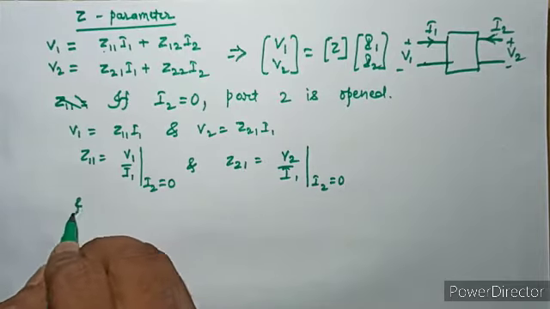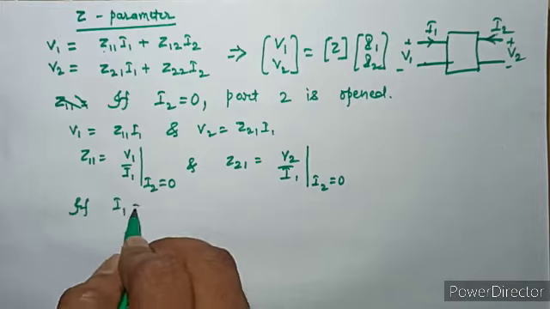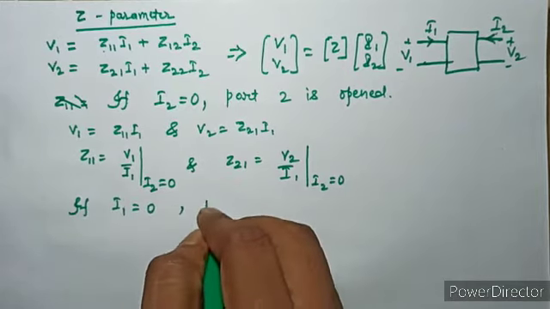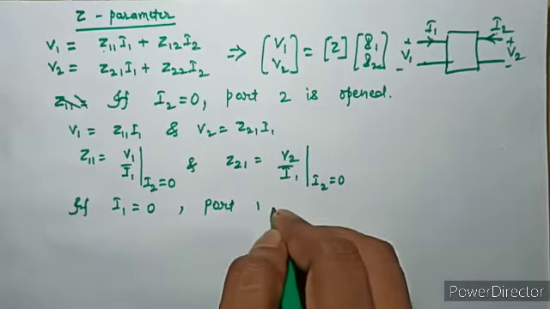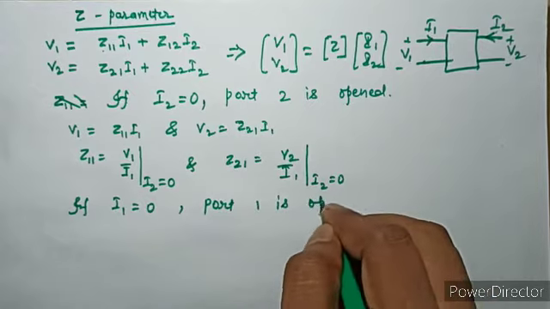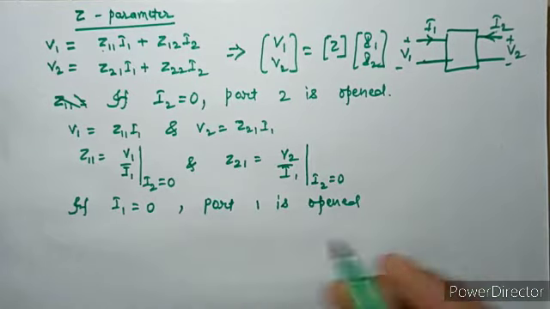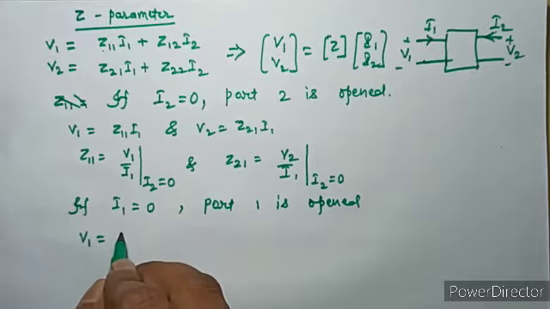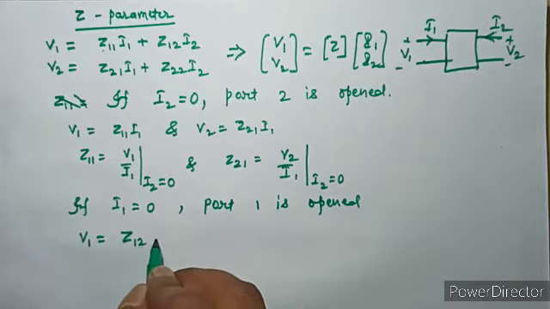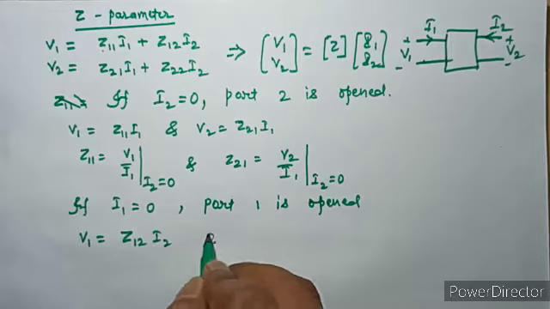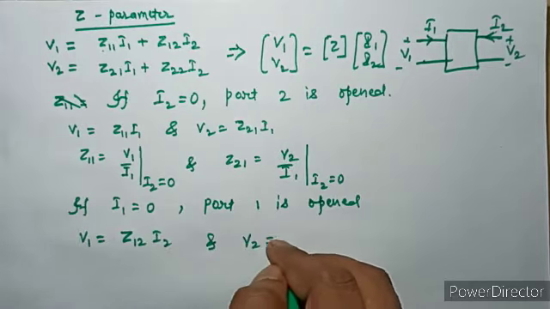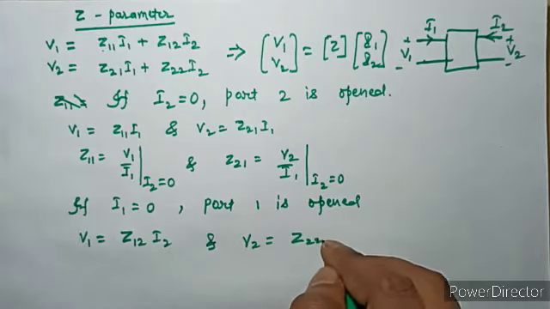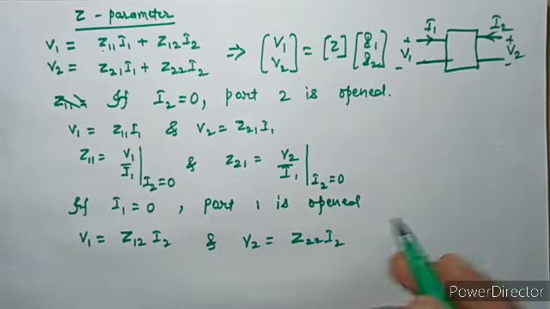Similarly, if I1 is equal to 0, means port 1 is opened, right? In that case our V1 will be Z12 I2 and V2 will be Z22 I2.